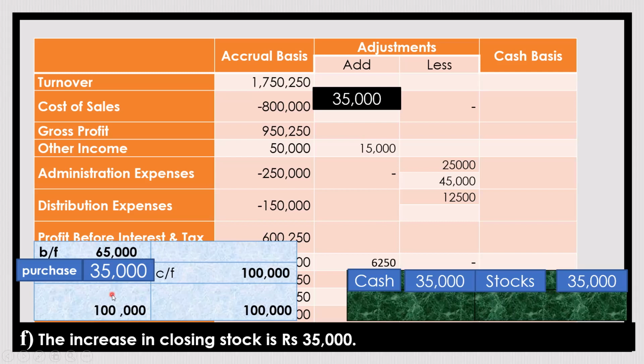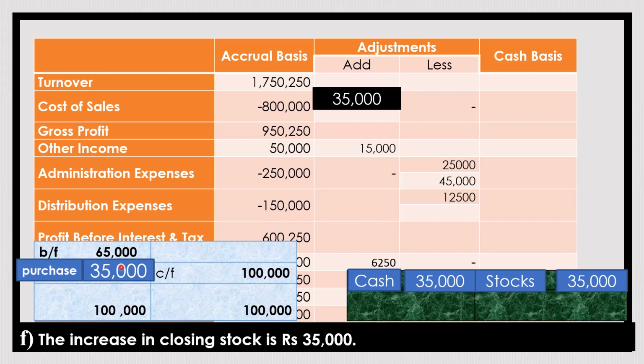You can record it by putting it into the cash itself, it's okay. But here we have to focus on the purchases. Purchases means we have spent some cash, so that has already been deducted. So to prepare the cash basis, we have to add them back, which we have already purchased.